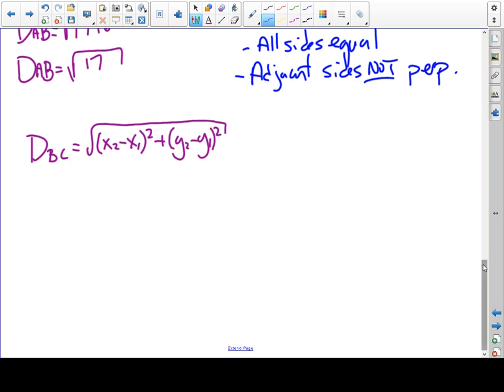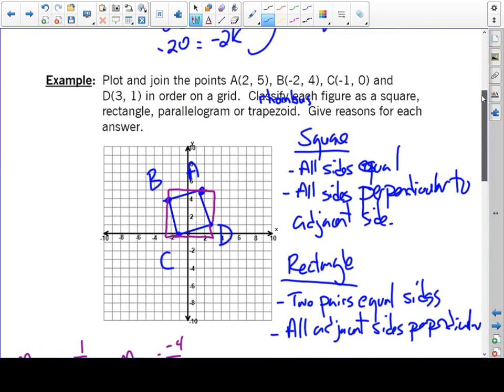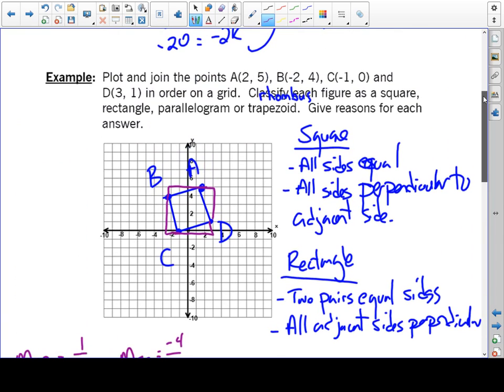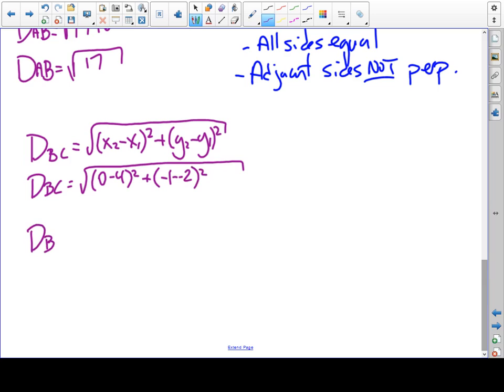So, BC. 0 minus 4 and negative 1 minus negative 2. Okay, so what do we get? 0 minus 4 squared is just negative 4 squared.